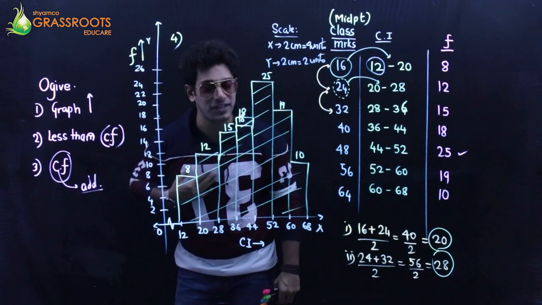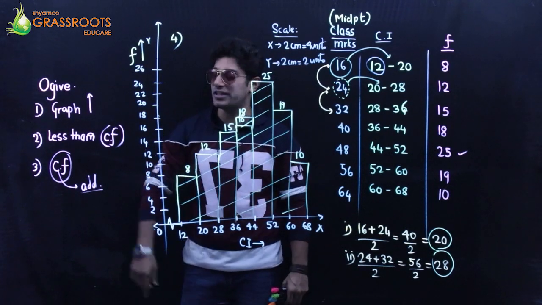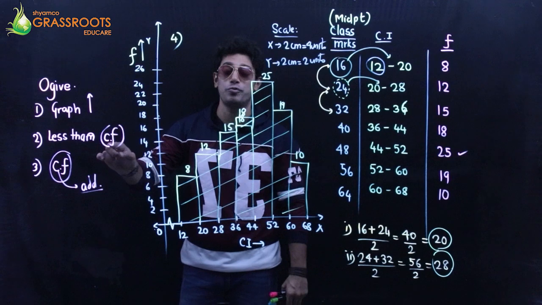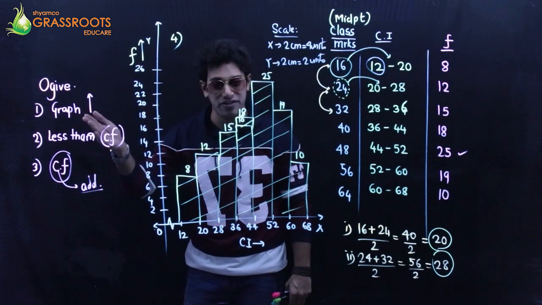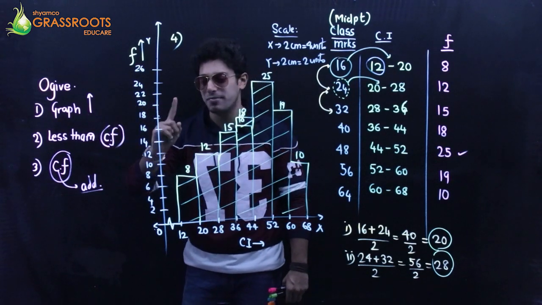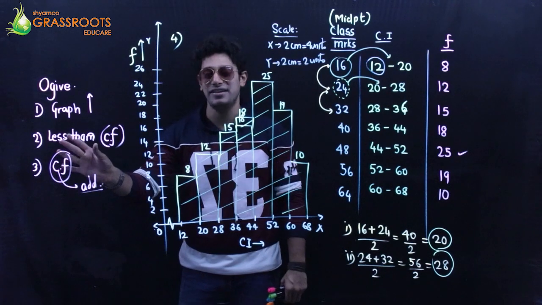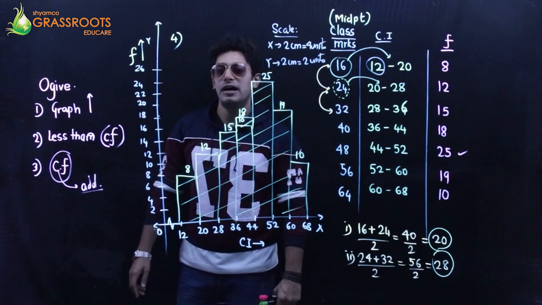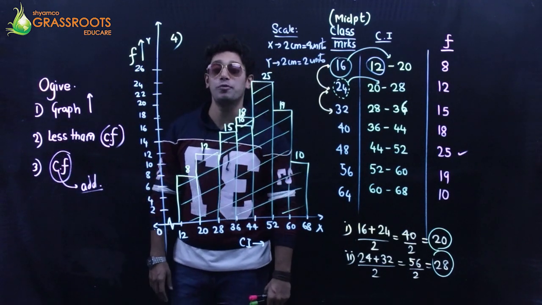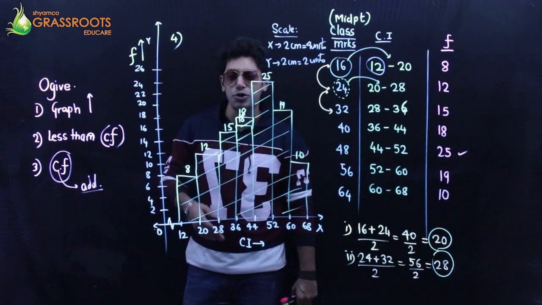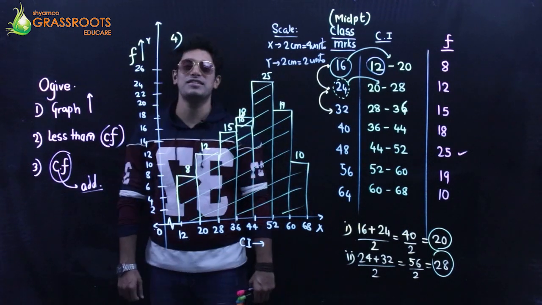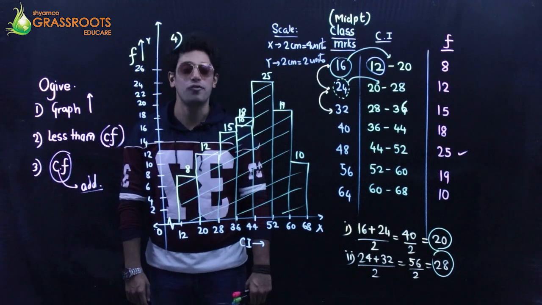In our syllabus of 10th standard, we are restricted to the less than type of cumulative frequency for drawing ogive. I'll explain what that is. Just remember the 2 words, less than type. And we need to first find out the cumulative frequency. How to do it? We will encounter this in question number 5.